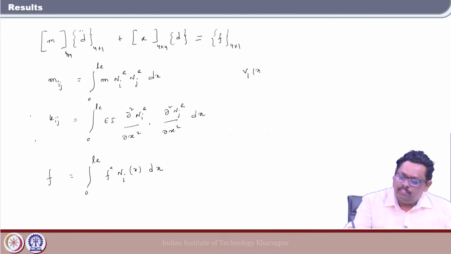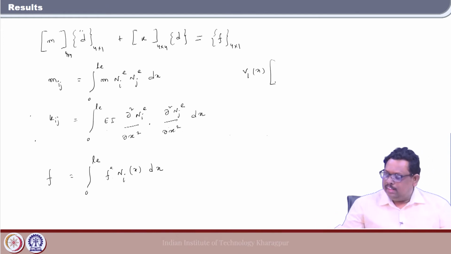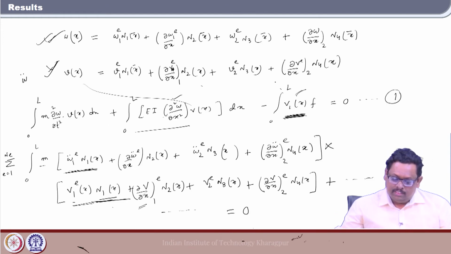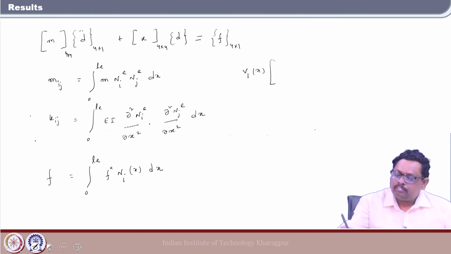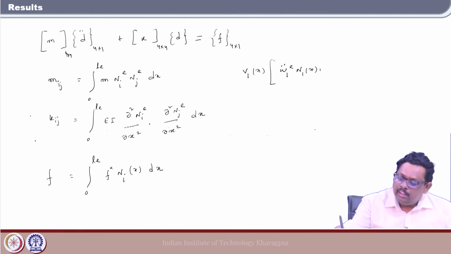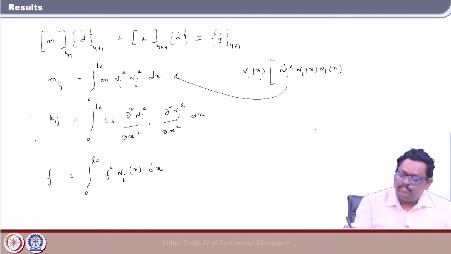I just take a common v 1 x and let me write what terms I can have. So, the first one is w double dot into 1 into E into N 1 x, and you have N 1 x. Now, you see you are having this term. So, this is your m 1 1 term, right, is it not?